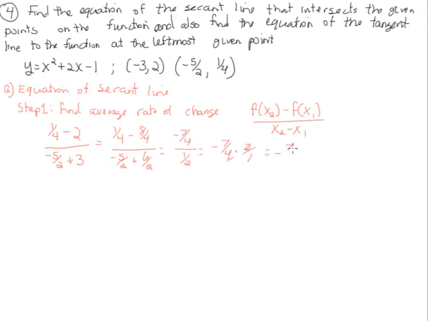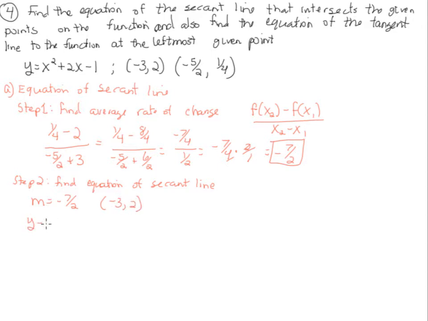The slope for the secant line will be negative 7 halves. Step 2 is to find the equation of the secant line using the slope we just found in step 1 and a point. It doesn't matter which point you choose. I'm going to choose negative 3 and 2 because I think it'll be easier to work with than the fractions. But if you choose the second point, you will get the same answer. So the key is to find the slope of the secant line and one of the points on the secant line.